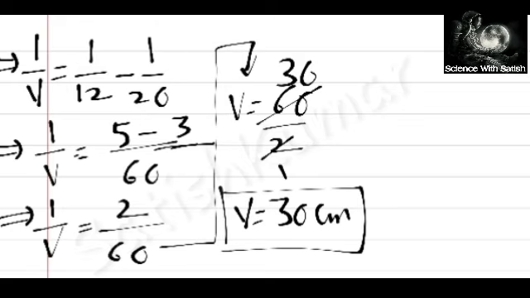Now I am going to find HI. We have a formula for the magnification. Magnification is the ratio of height of image to the height of object.